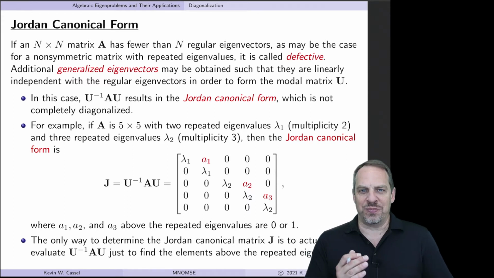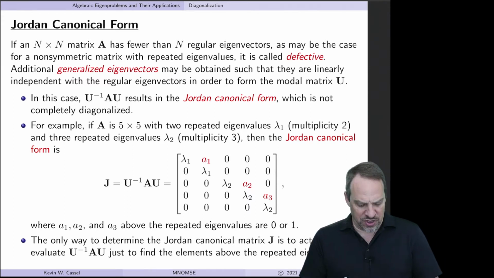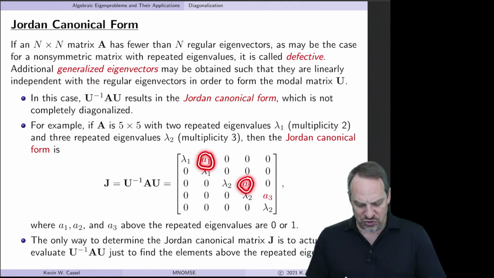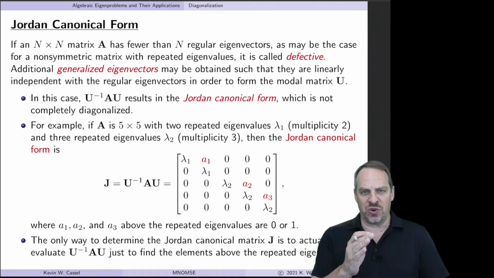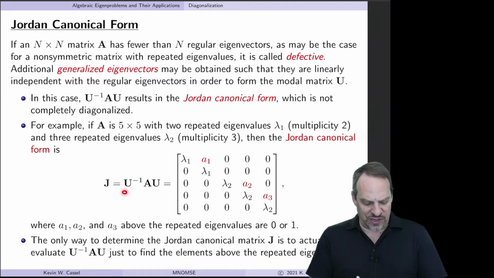Now here's the problem, and this is painful. The only way to determine whether, in this case, A1, A2, and A3 are either 0 or 1, is to actually evaluate the inverse of U and then do the matrix multiplication U inverse times A times U, just to determine these 3 constants.